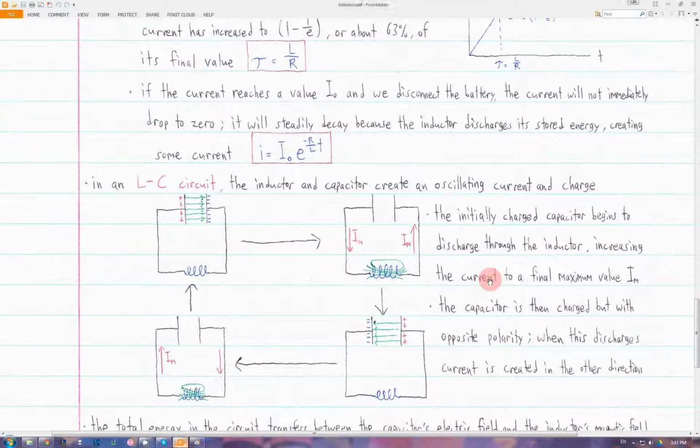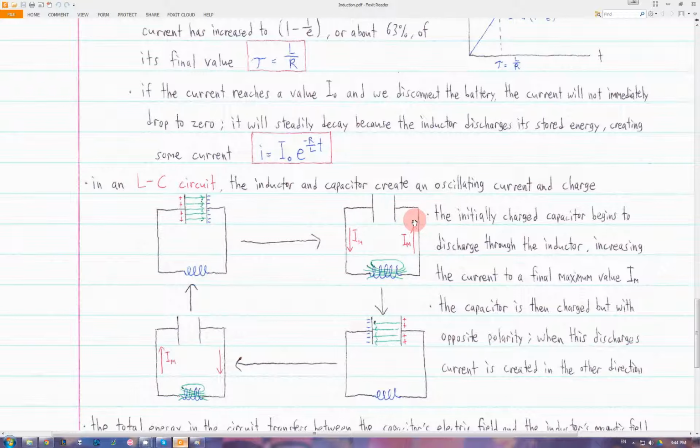So after this point, the capacitor is going to be charging again. As the current reaches here, now there'll be positive charges over here on this plate and negative charges on this plate. So the capacitor is being charged, but in the opposite direction, sort of, as it was initially. And so the current's going to start to decrease from its maximum value.